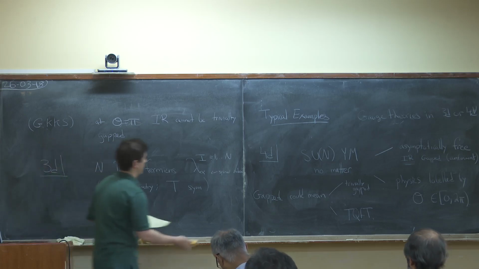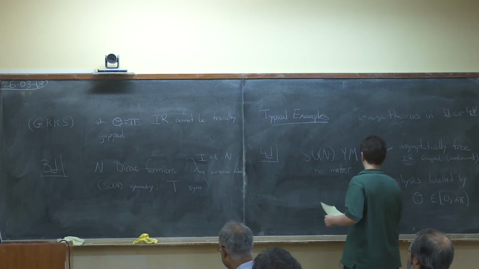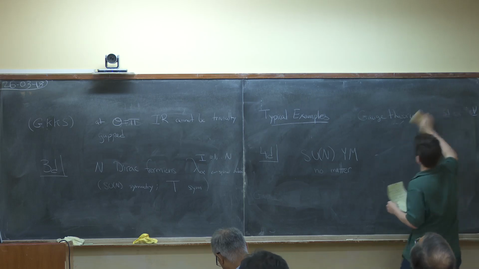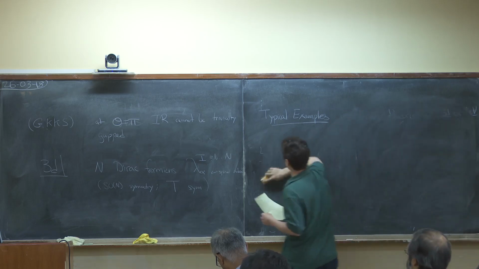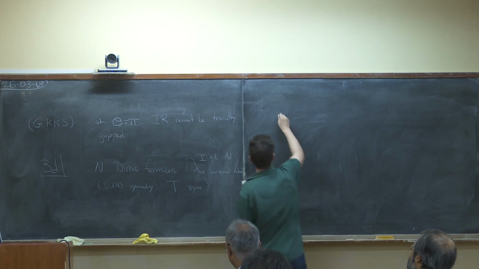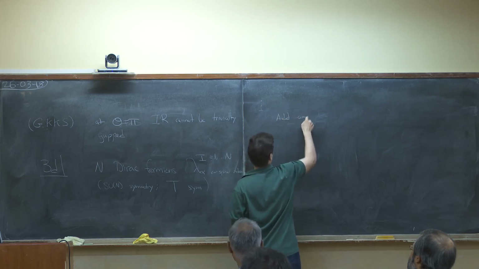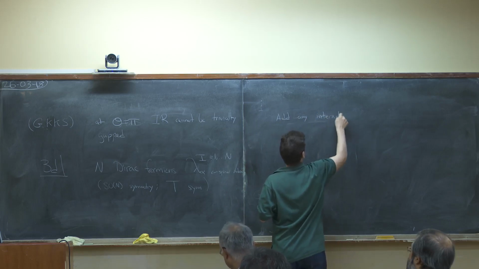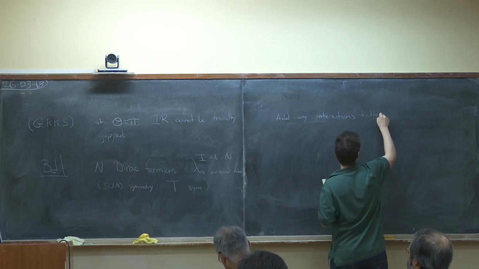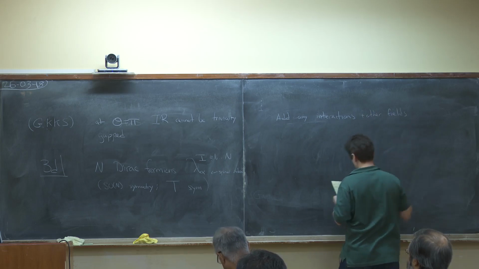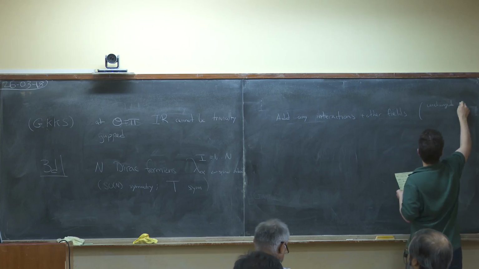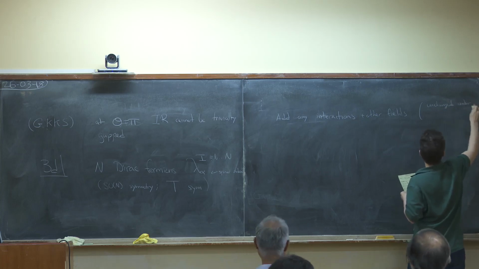And we could consider giving these fermions some interactions, either by some Chern-Simons interactions or coupling them to scalar fields or anything you have in mind. Okay, so let's add any interactions plus other fields, essentially other fields, but I want them to be uncharged under SU(N).